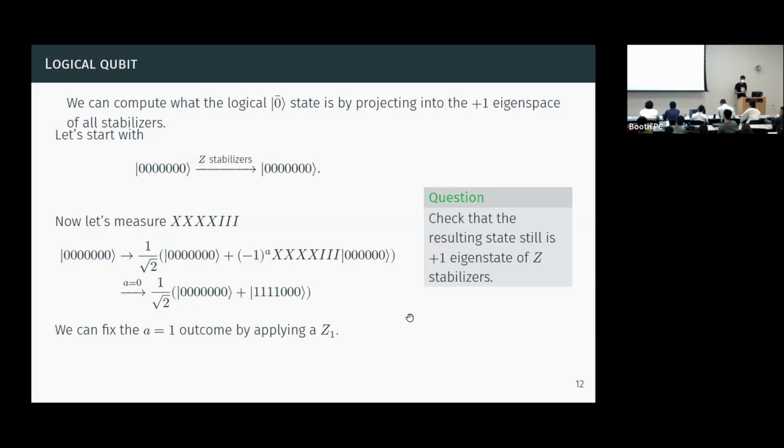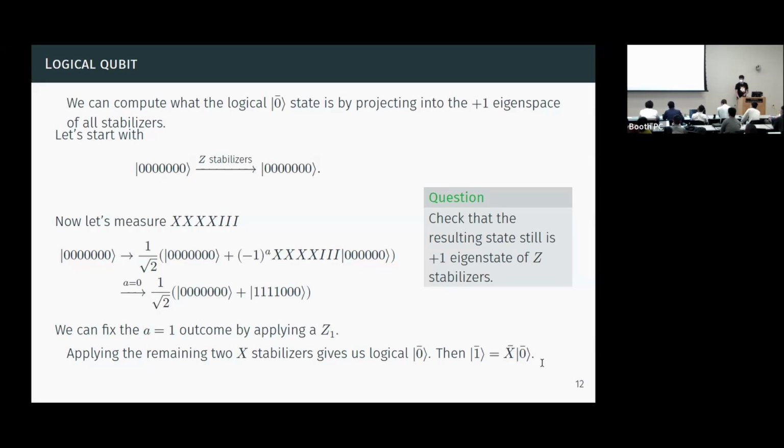Now you can check for yourself whether the resulting state is still a +1 eigenstate of all the Z stabilizers, because we applied some operation to it. If we apply the remaining two X stabilizers, we get the logical zero state. Note that this doubles the number of strings in our superposition at every step. I didn't write it out because you would get a whole bunch of stuff on the screen that wouldn't tell you much.